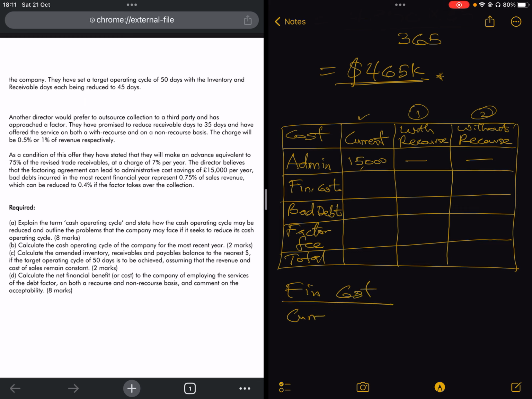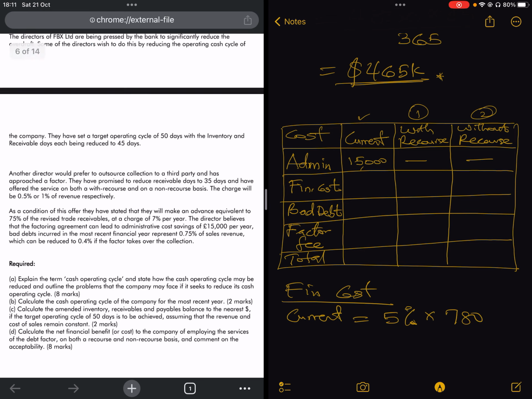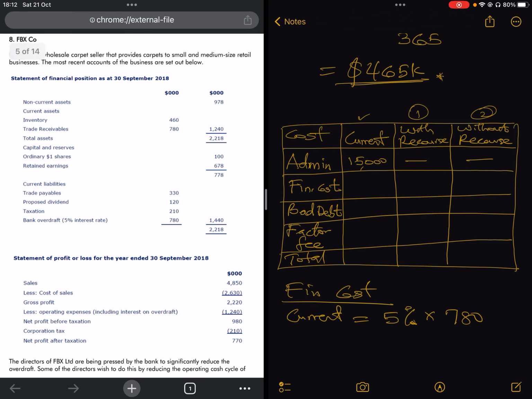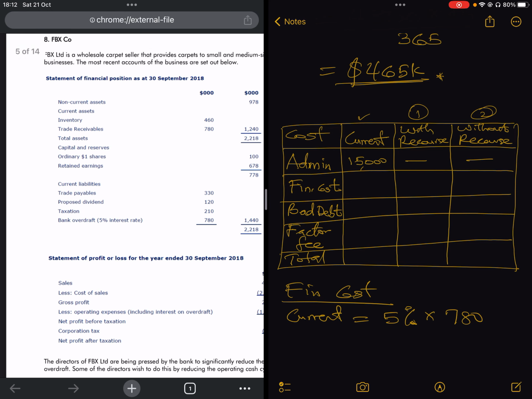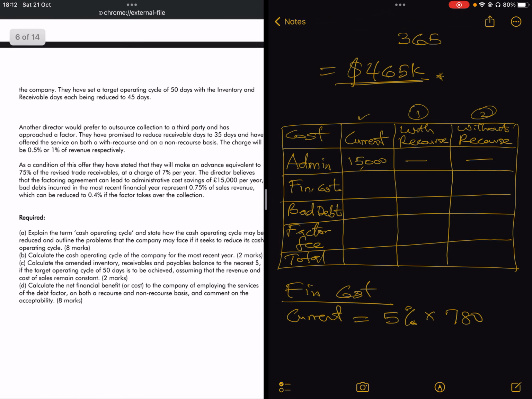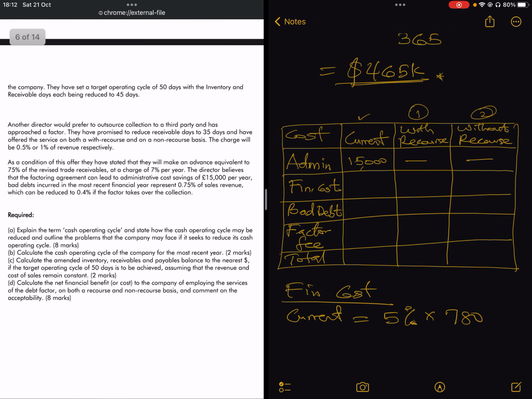For current situation, it's going to be 5%, which is the overdraft, multiplied by the 780,000. Let's check. Yes, 780 trade receivable, 780. Fantastic. So 5% of 780k, and that will give us 39k.